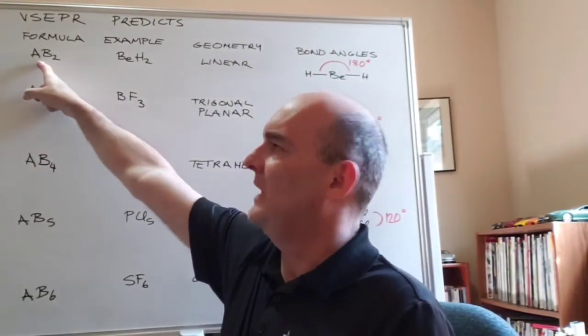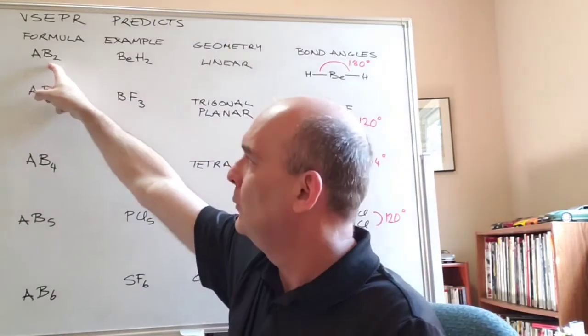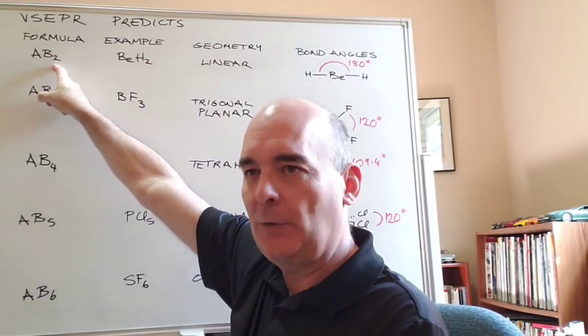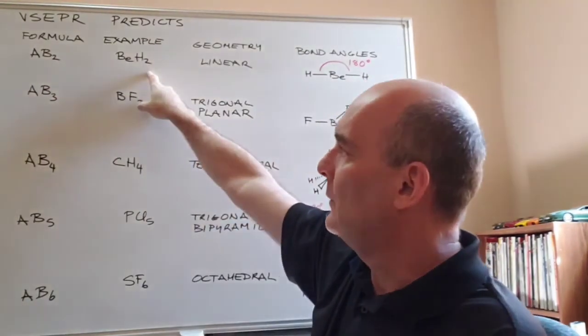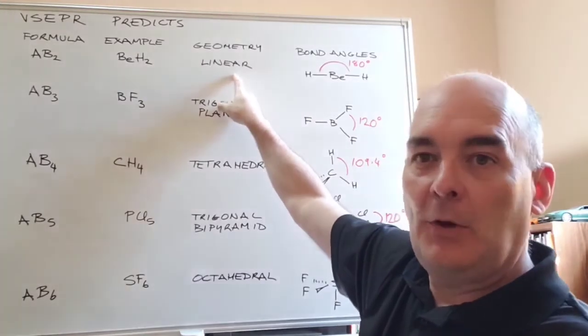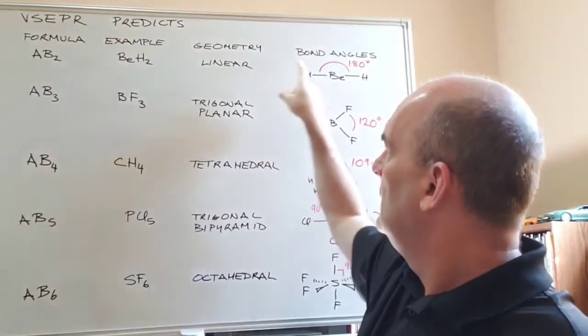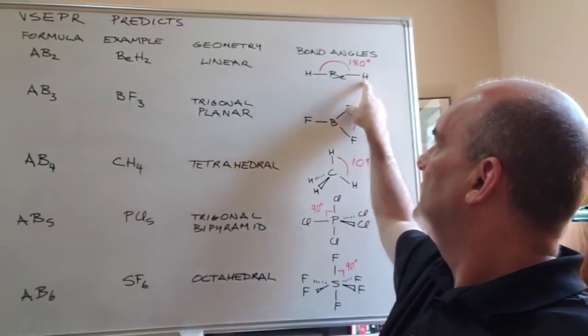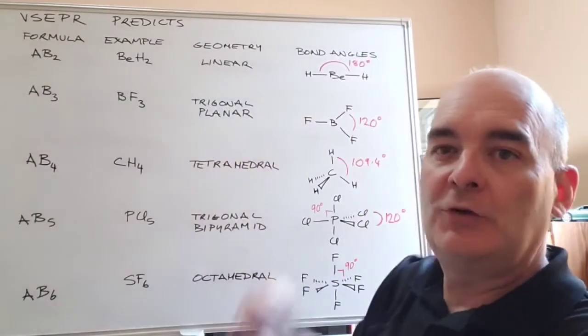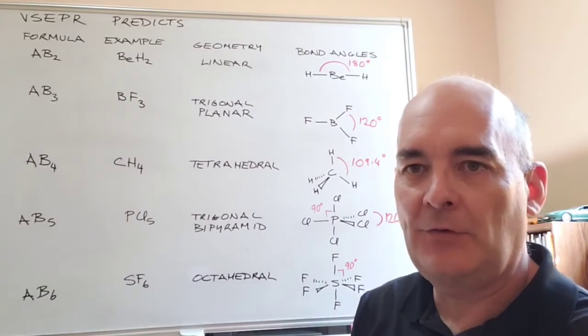If I have a central atom, A, with two bonded atoms, B2, around it, like I would see in beryllium hydride, I would expect that molecule to be linear, because I would be putting the areas of repulsion 180 degrees apart from each other.